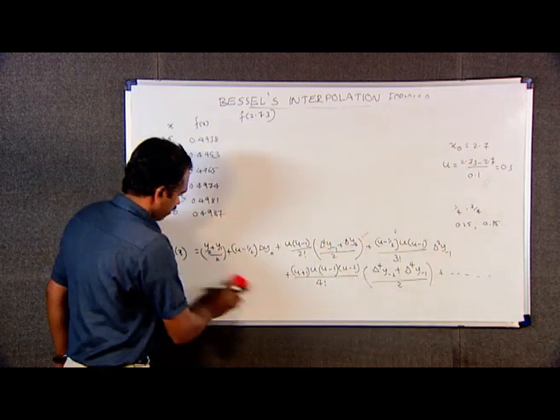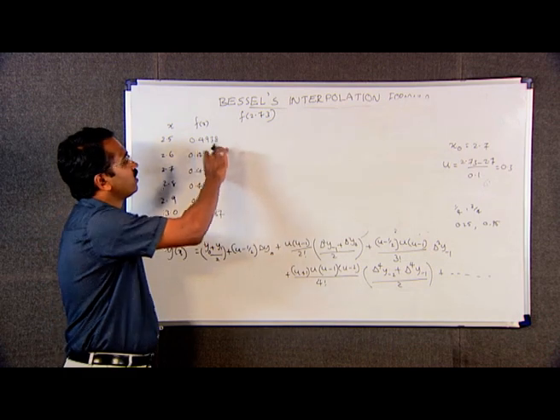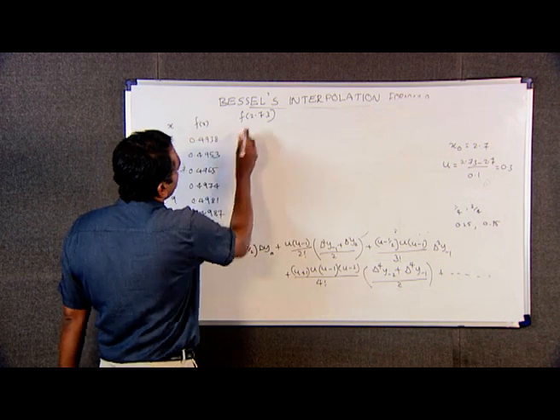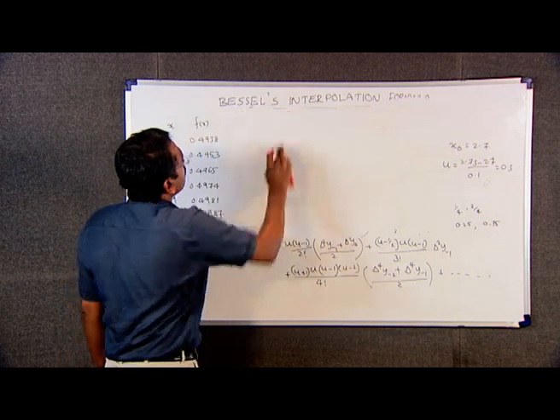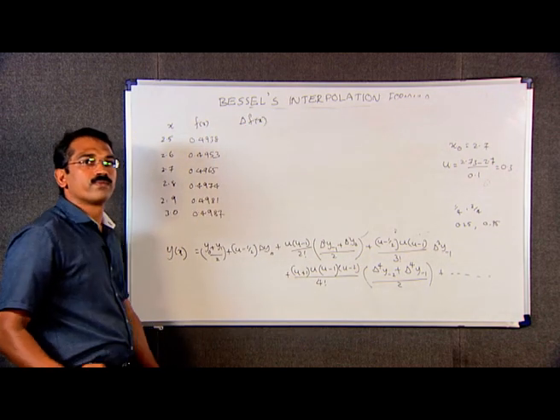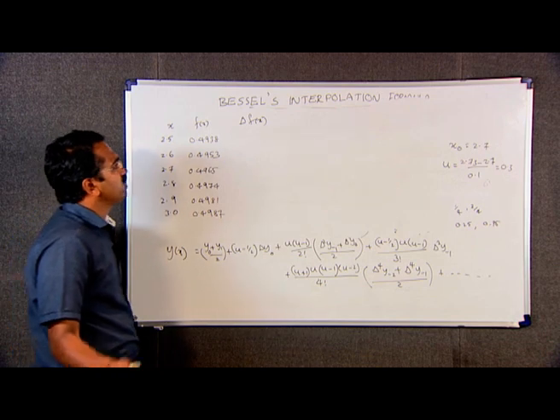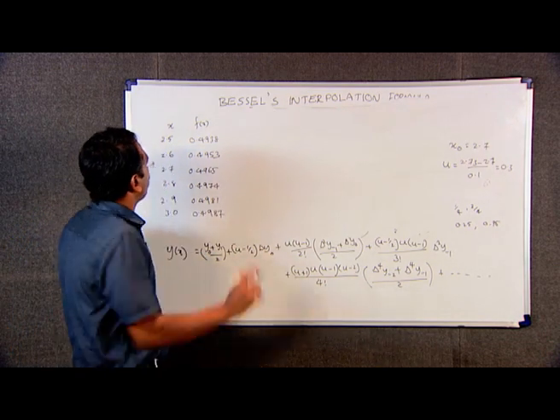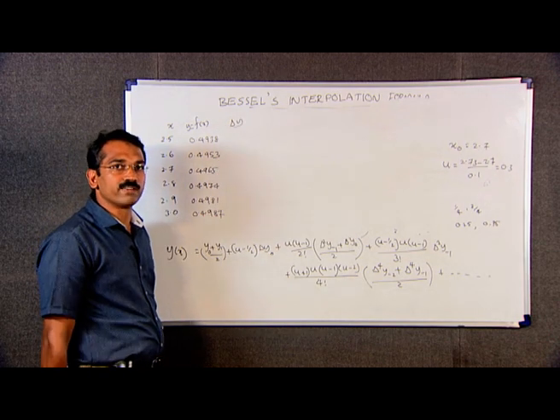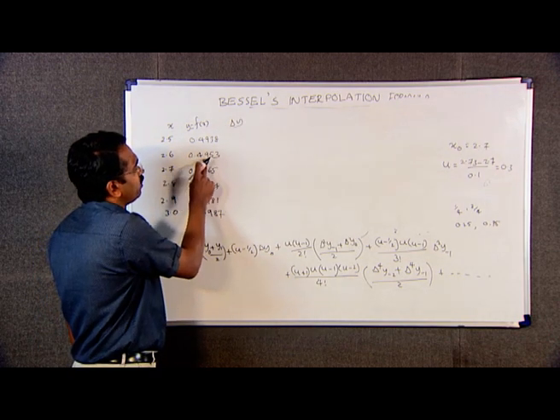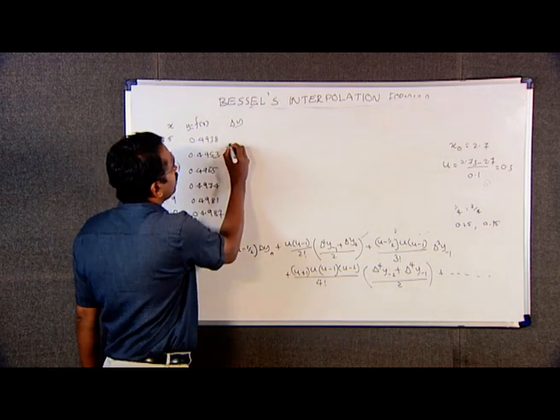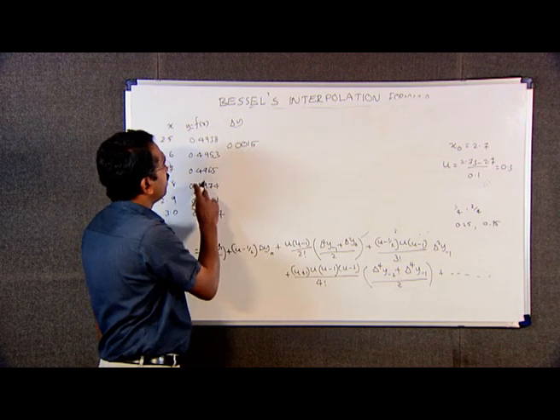First of all, we form the corresponding difference table. This is the given data. The first order differences are delta y, where we can use y for f of x. The first differences are 0.4953 minus 0.4938, which is equal to 0.0015.